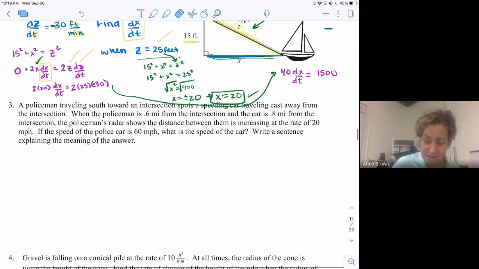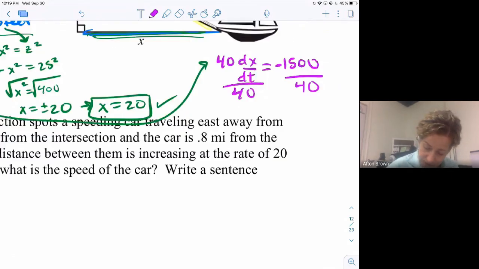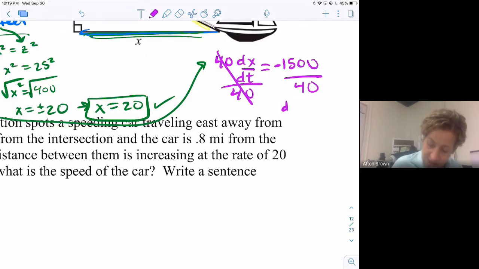And then our last step, we would divide by 40. Wouldn't it be negative? Thank you. It is negative. I almost lost my negative again. You're right, because it was a negative 30. So then negative 1500 divided by 40 gives us 37.5. We're going to get dx/dt equals negative 37.5.